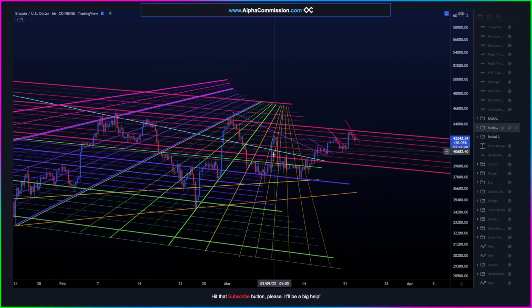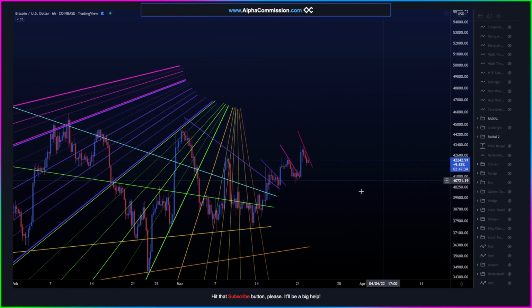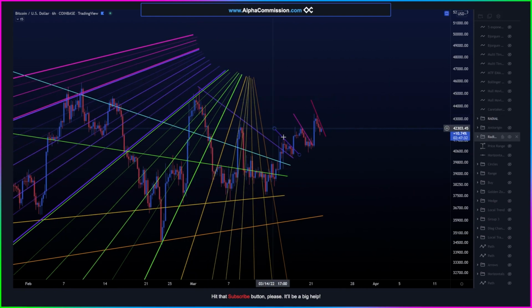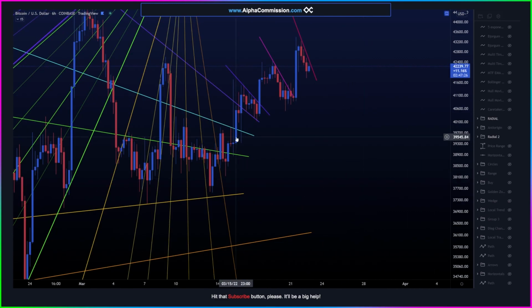And also when individual channels, sub-channels got really tight, they pumped all the way up because it was basically vertical in the diagonal, in the radial. Well, just like that happened, we're starting to see it again, where we're pumping through these things.